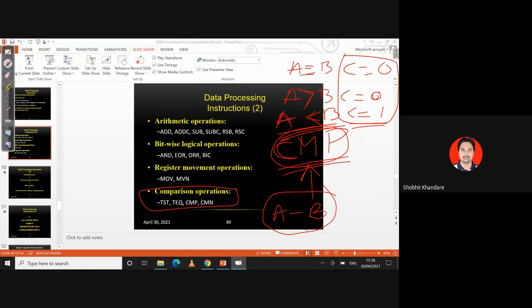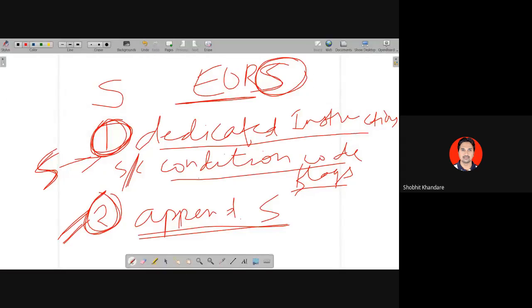So can I say that in this first case, which are dedicated instructions which will affect the condition code flag, your CMP is the best example where you are not interested in the result, but your answer is getting reflected in the condition code flag, and which is that particular condition code flag?